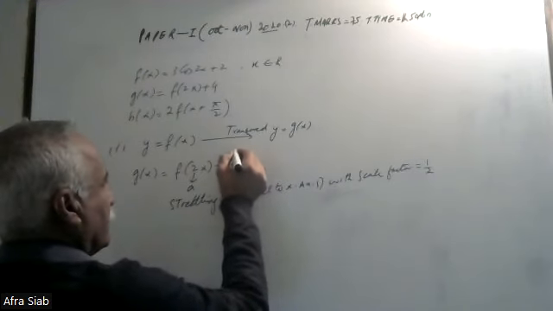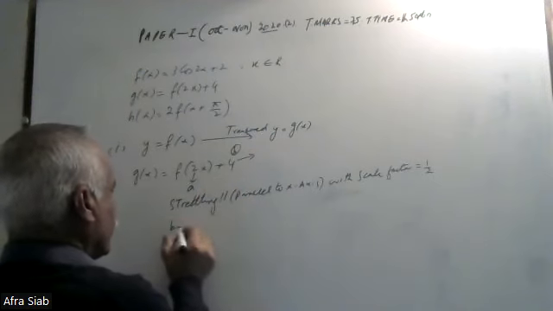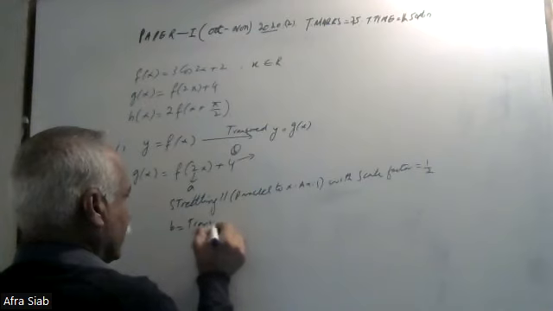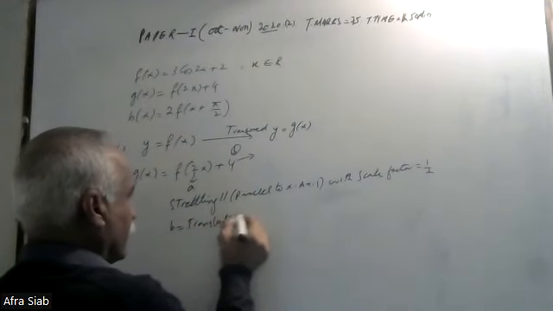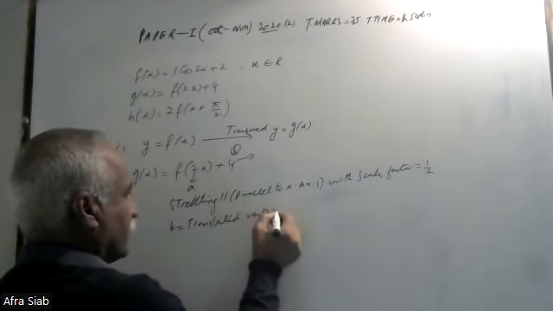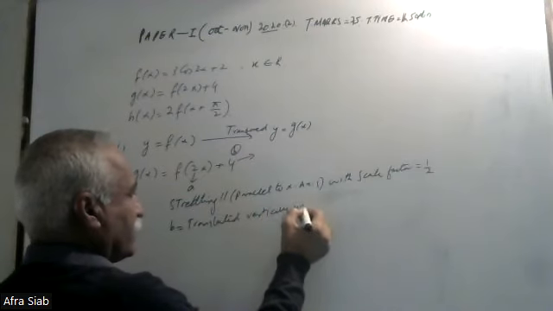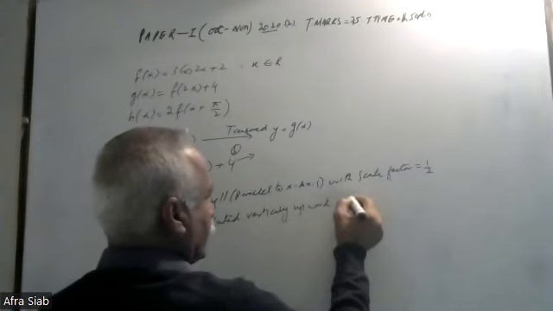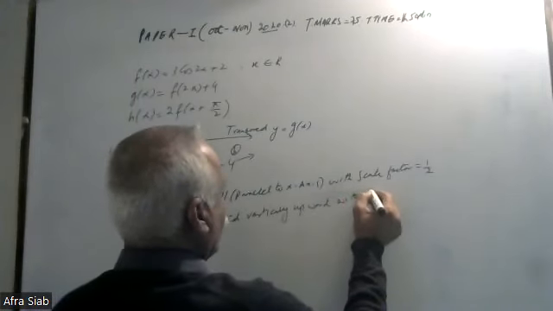This means it is now, let's say, b. Then b stands that it is translated vertically upward with 4 units.